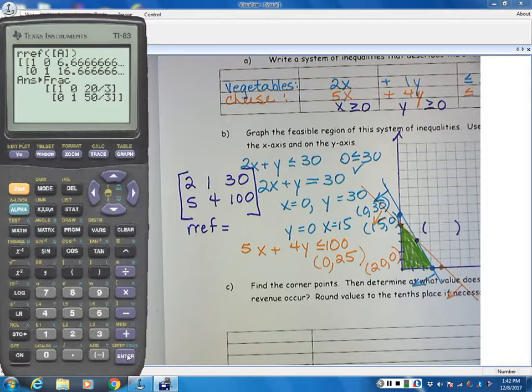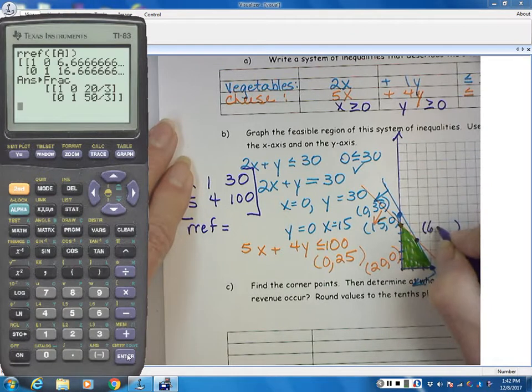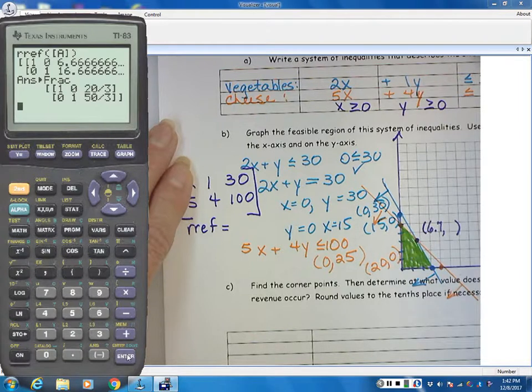And it says the intersection point is 20 over 3 and 50 over 3, or that x is going to be 6 2/3, which we'll just call 6.7, and 16 2/3, which we're going to call 16.7.